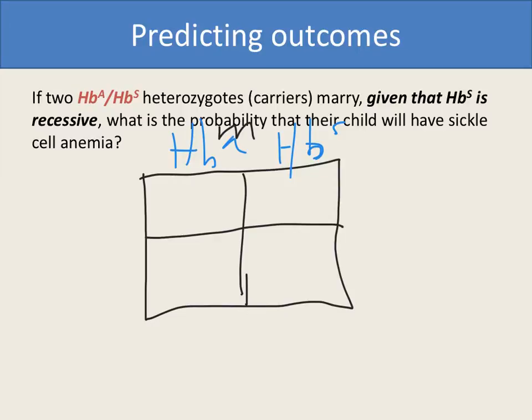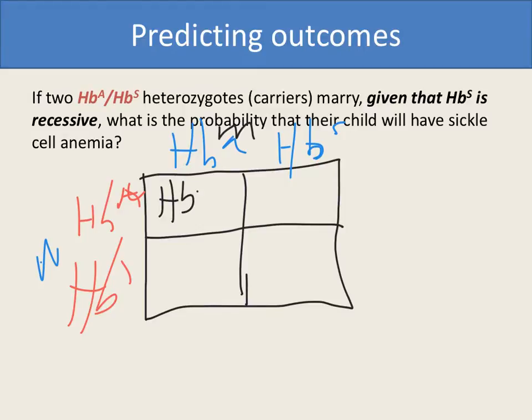And here's the woman, and she is HBA and HBS. Now, in the first square, we have an HBA, okay, and an HBA. So it's homozygous HBA.